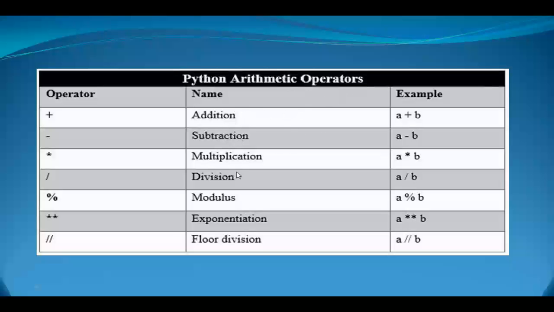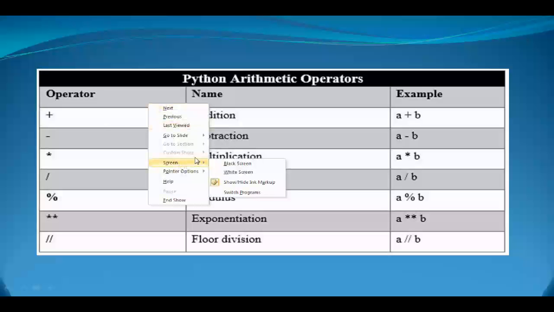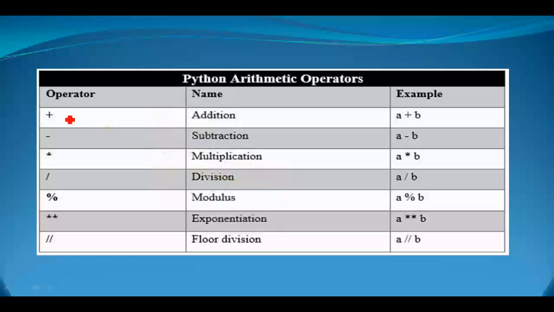Let us start with arithmetic operators. Arithmetic operations like addition, subtraction, multiplication, and division are most commonly used in programming, so we need operators for them in Python programming also. These are the symbols of our operators.